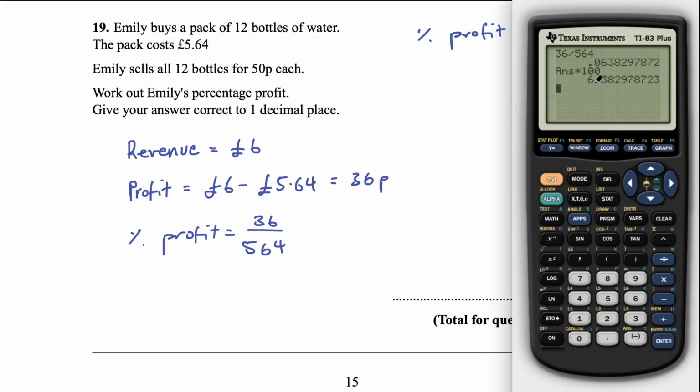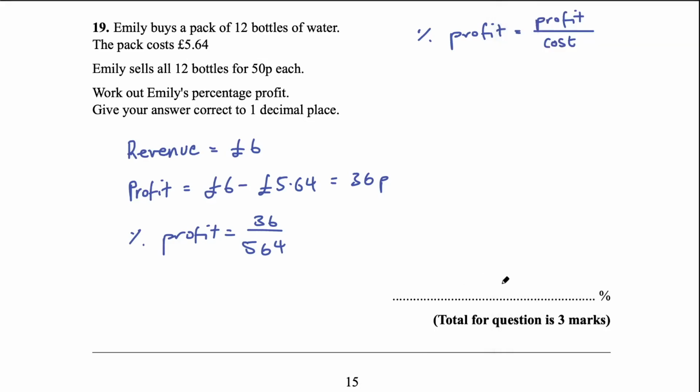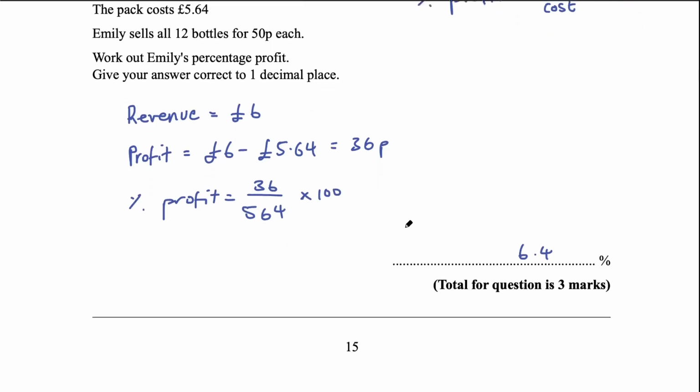So this will be 6.38%, and it says to 1 decimal place, so this is going to be 6.4%. Because that third digit is an 8, we need to round up the 3 to a 4. So 6.4% is our final answer. I should say this should be multiplied by 100. So to get that percentage multiplied by 100, 6.4% for question 19.